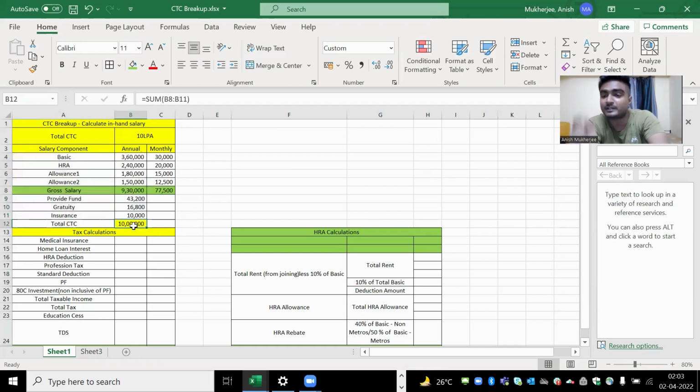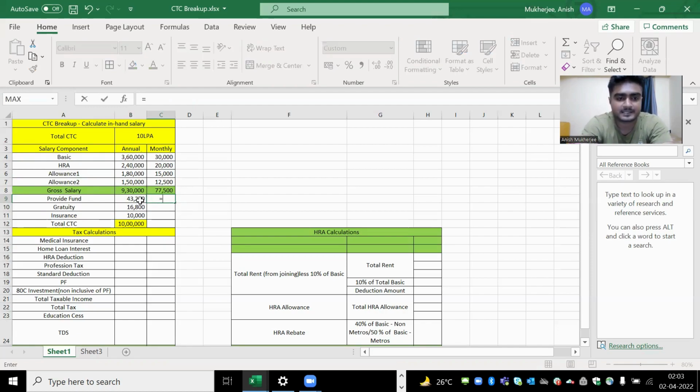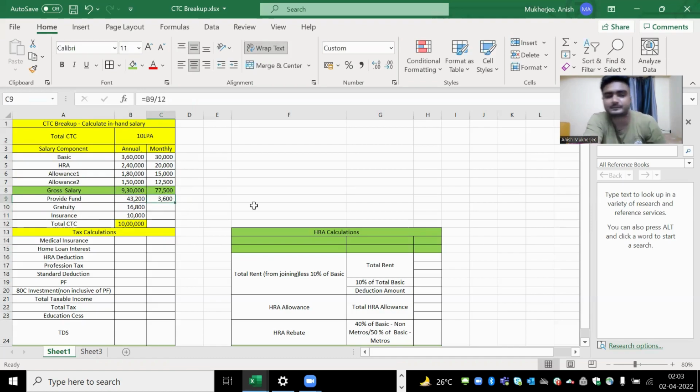Now, if you want to calculate the monthly enhanced salary, as I said earlier, you need to keep an eye on the gross salary, because based on your gross salary, we will be doing the deductions. If you calculate the provident fund on a monthly basis, as I said, it will be this divided by 12, so it will be 3,600 rupees.